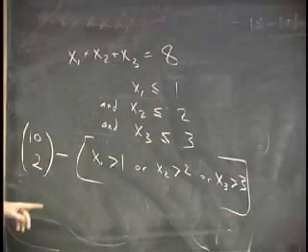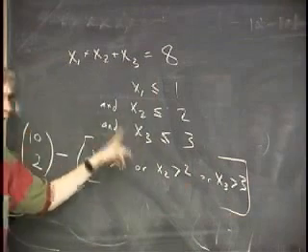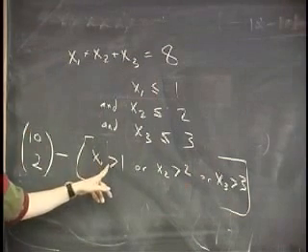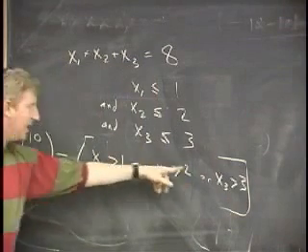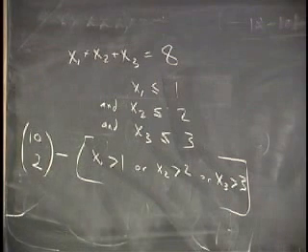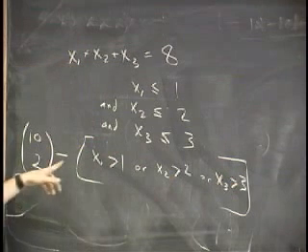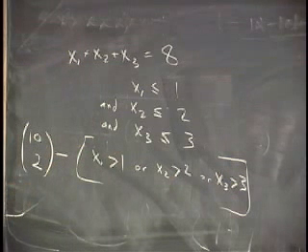This is again from De Morgan's law. If I run a not through here, all the conditions change parity, and the ands change into ors. But now I've got a set of conditions that have ors between them. So to count those up, I need the inclusion-exclusion theorem. And that's what we're going to do. Okay so far? Okay. Good.